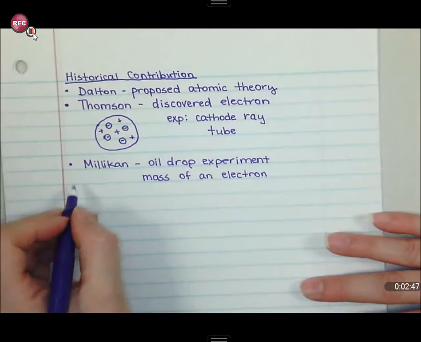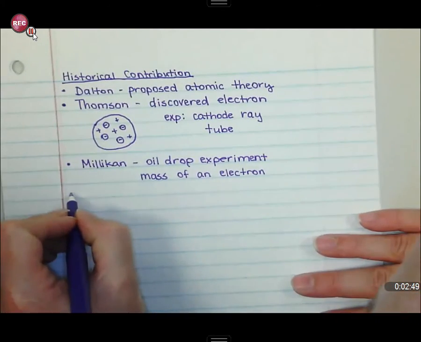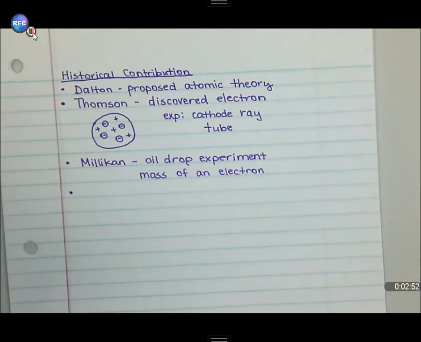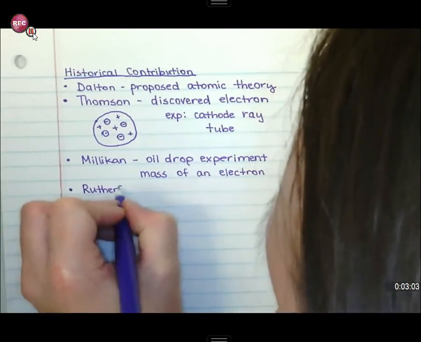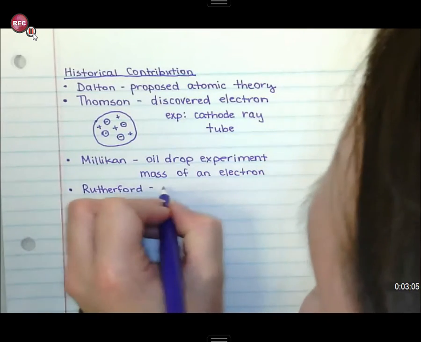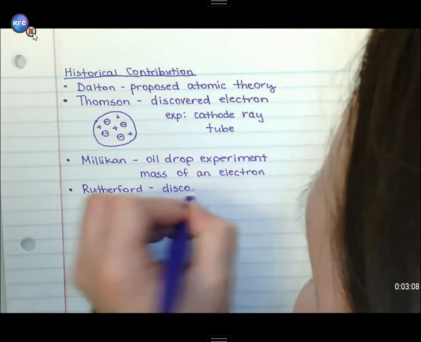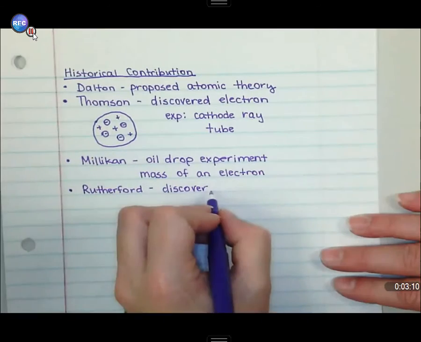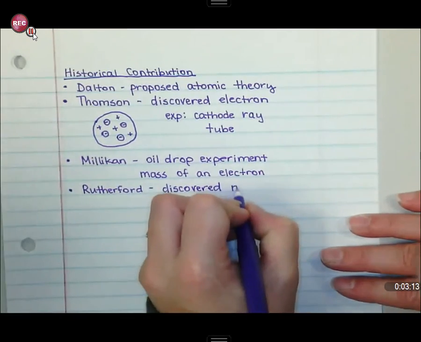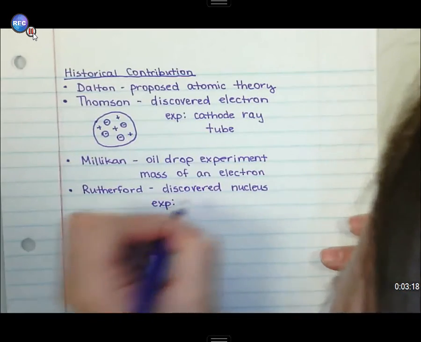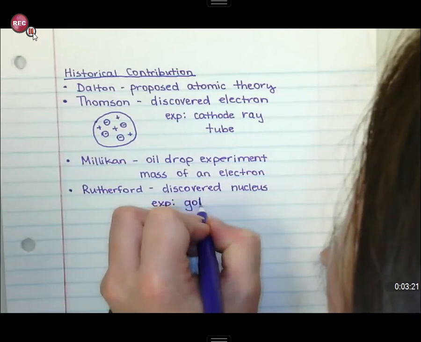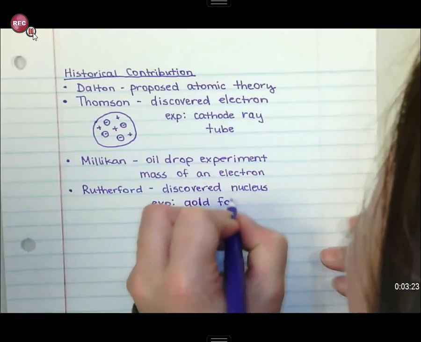Okay, after Millikan, we had good old Rutherford. And Rutherford is known for discovering the nucleus. And he did this with his experiment that had the gold foil in it. Gold foil experiment.